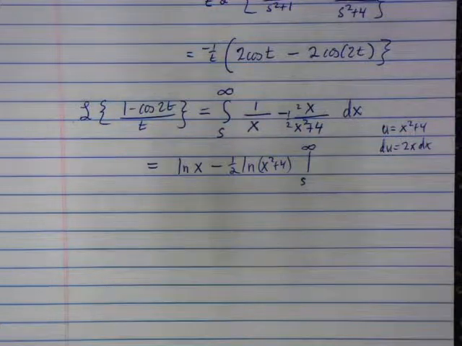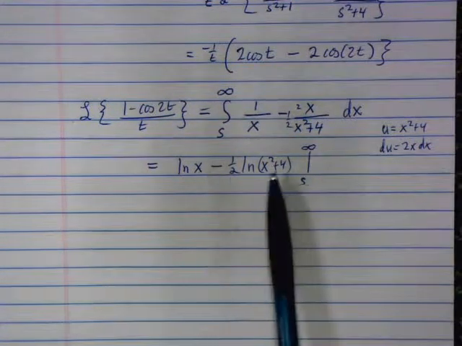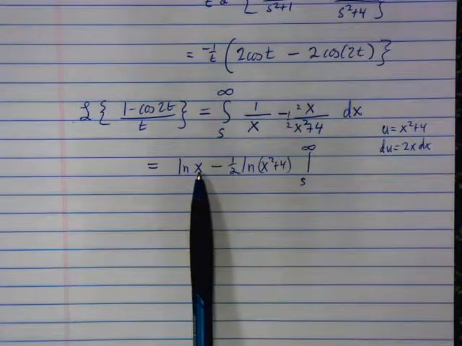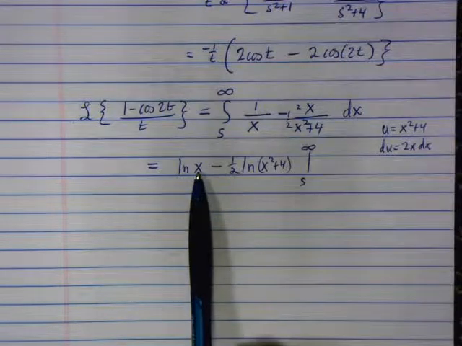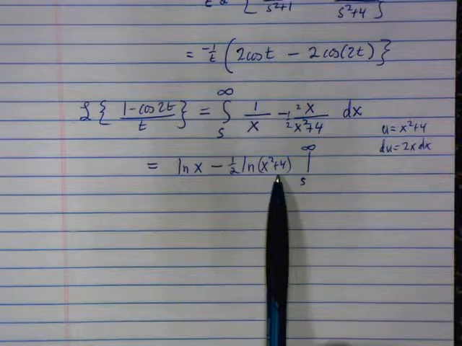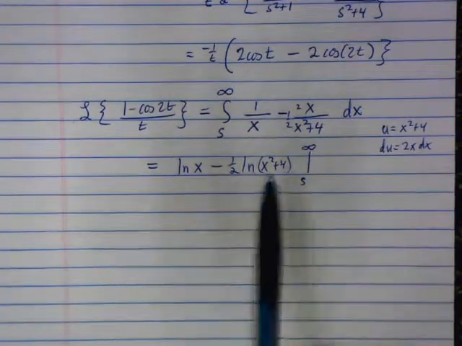All right, so what happens when x goes to infinity? When x goes to infinity, what does ln x do? It gets really big. That one goes to infinity. What does 1/2 ln of x squared plus 4 do? What's infinity minus infinity?